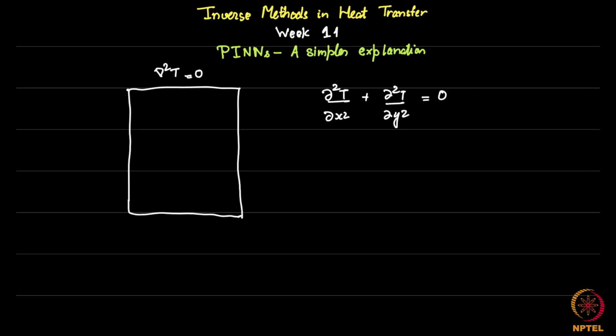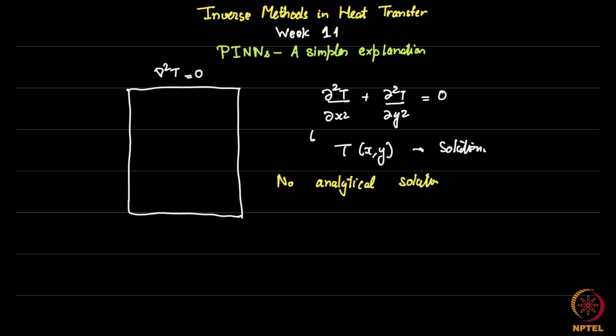We know that the solution, given certain boundary conditions, is given by some T of x, y. This is the solution, so we know this already. Unfortunately, we can't find it analytically. So the problem, of course, is no analytical solution.